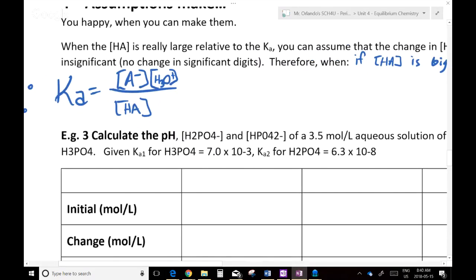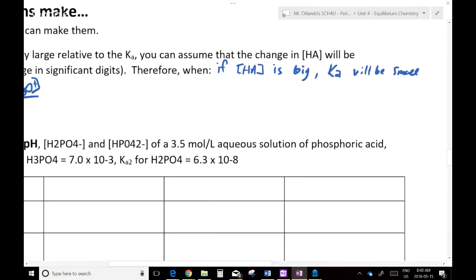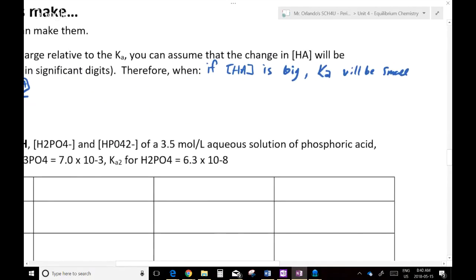Because x squared is on the top. Can you kind of picture that? If that difference is big enough, when you subtract x from the original HA, it won't really change. Does that make sense? So if HA is big, Ka will be small, and then x will be small.